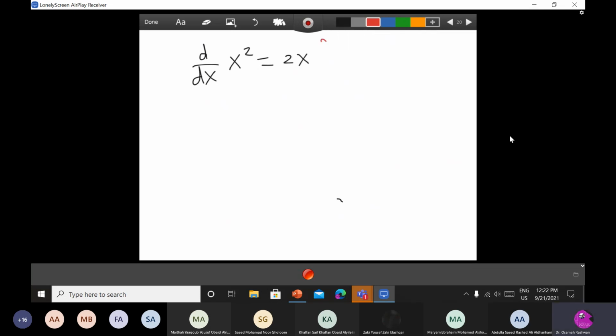طيب و d by dx for x equal to 1, with d by dx for the constant equal to 0. So I can make a table for this one, right?